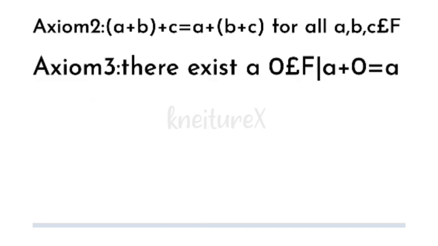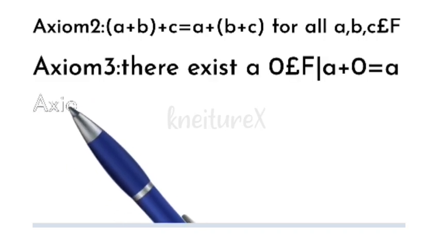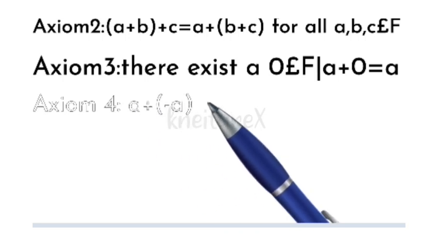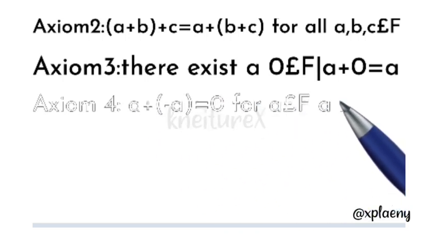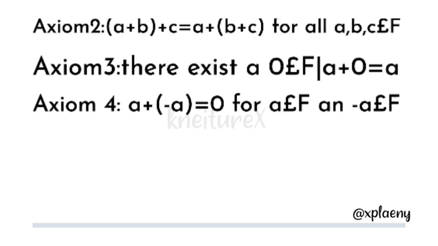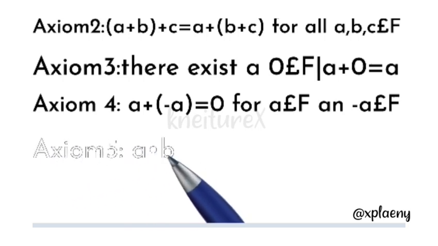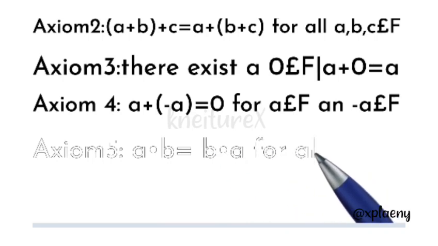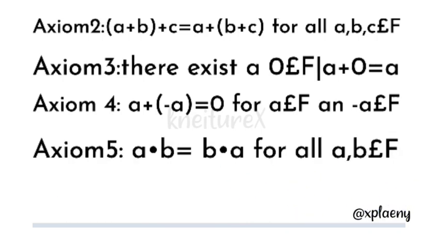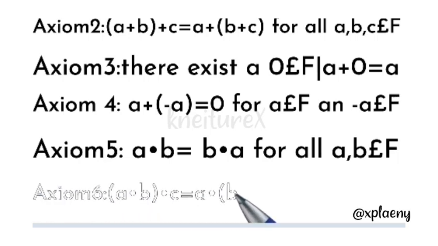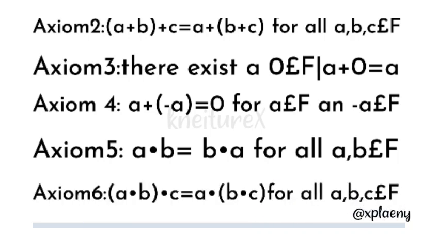This tells us that for all elements in our field, there exists a zero element, that is, when we add the zero element to our E, it gives us E. It returns our element. Axiom 4 also adds the negative element. So for where there's A in F, there's a negative also in F, for when we add it to A, it gives us 0. For 5, we have A dot B is equal to B dot A.